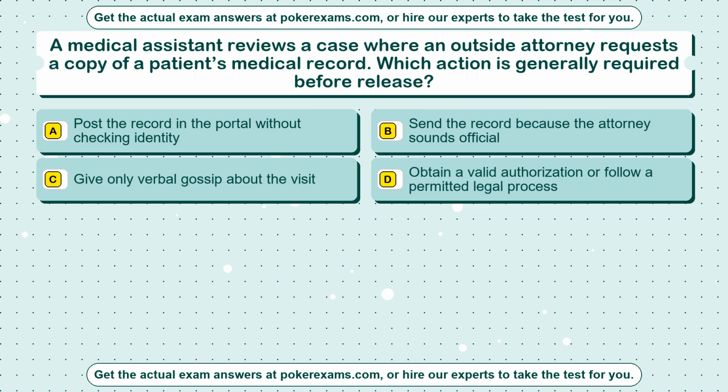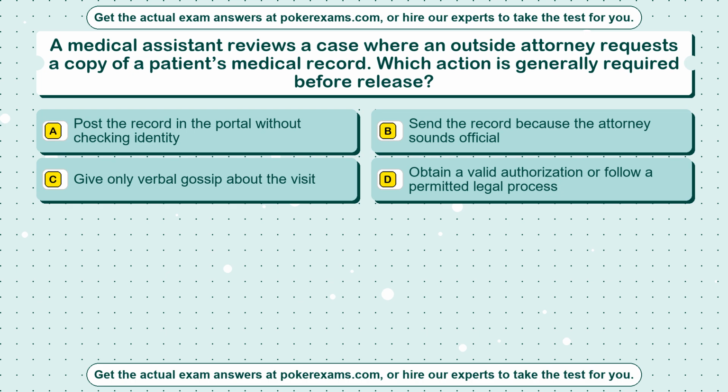Question 66. A medical assistant reviews a case where an outside attorney requests a copy of a patient's medical record. Which action is generally required before release? Option A, post the record in the portal without checking identity. Option B, send the record because the attorney sounds official. Option C, give only verbal gossip about the visit.